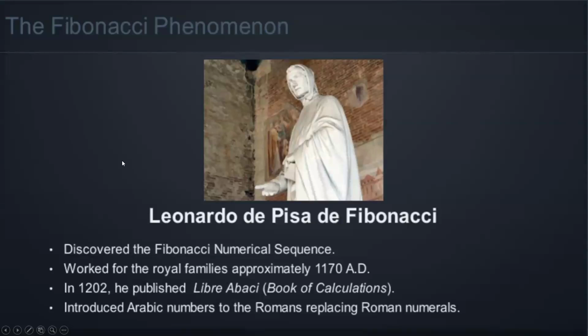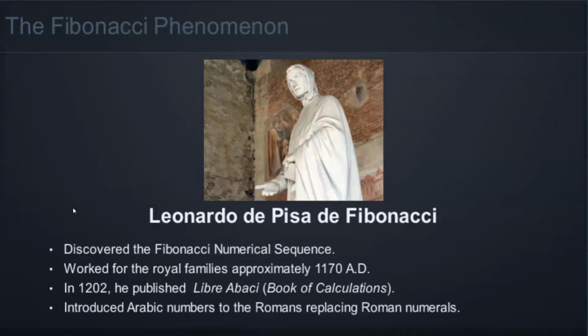All right, so today we're talking about Leonardo da Pisa, the Fibonacci. He discovered the Fibonacci numerical sequence and he worked for the royal families approximately 1170 AD. People call him a genius for his mathematical work.